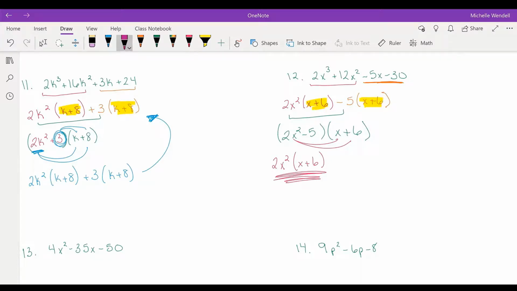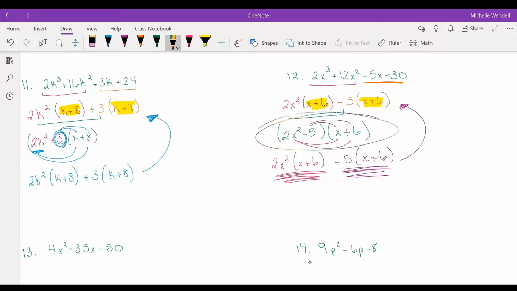And then you took your negative 5 and multiplied it by an x and a 6, which looks like this. Which, like I said, is exactly what we started with. So that's how it condenses back down to your final answer. And this is your final answer for that problem.